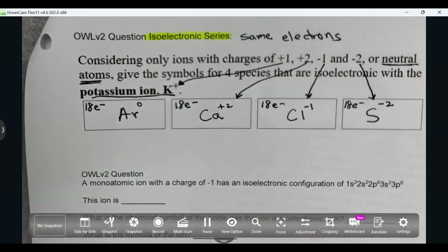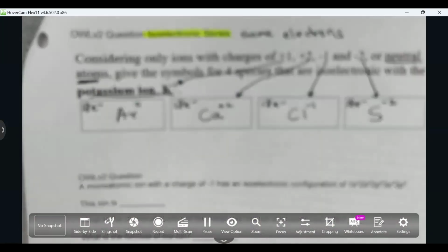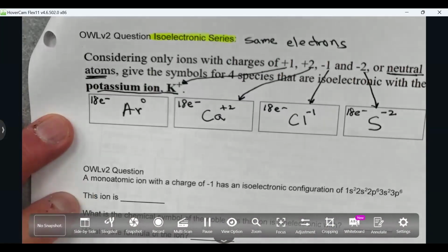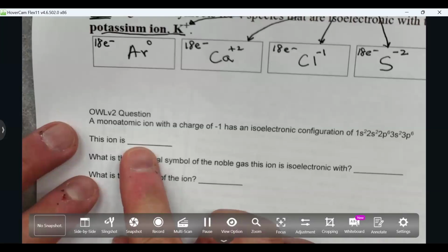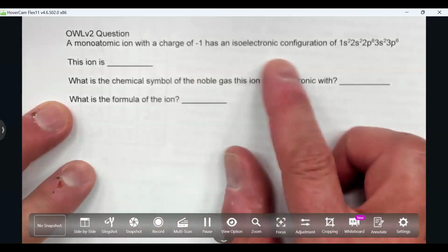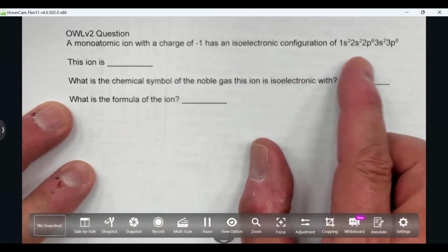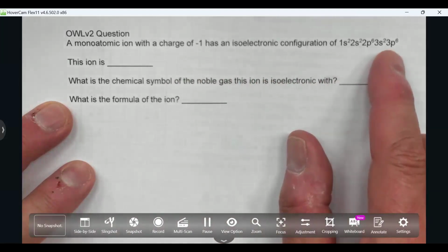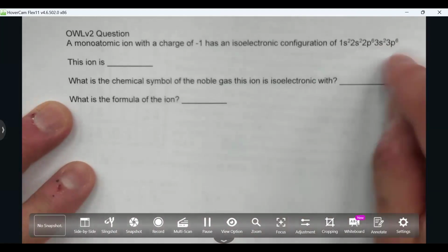Okay, next question. A monoatomic ion with a charge of -1 has an isoelectronic configuration of 1s2, 2s2, 2p6, 3s2, 3p6. That's with the -1 charge.